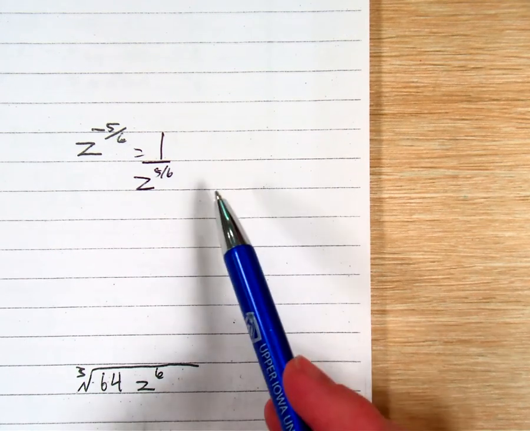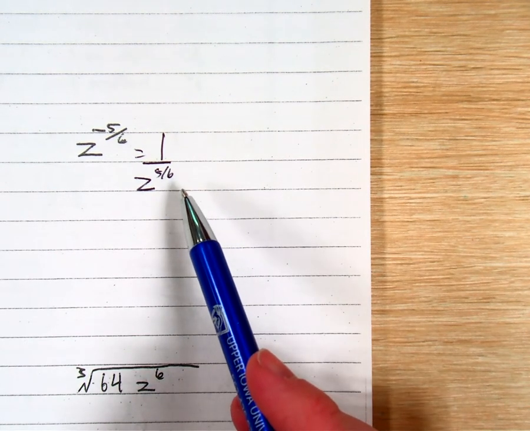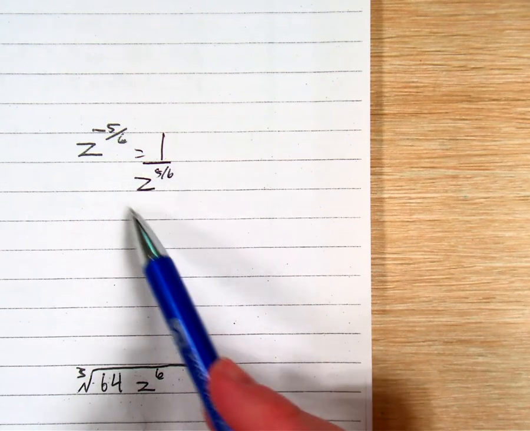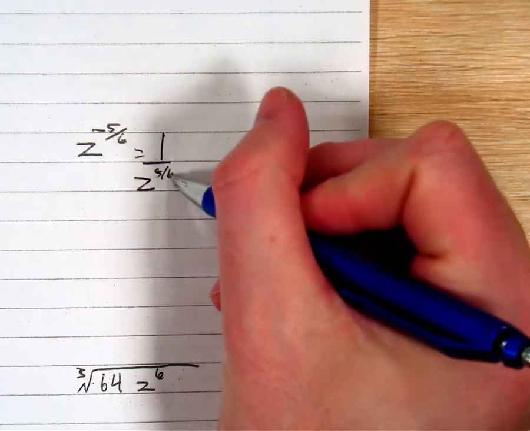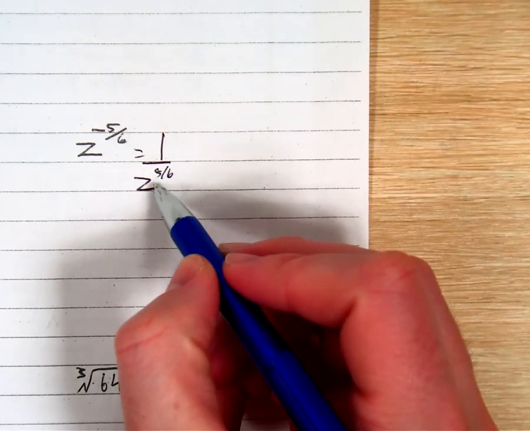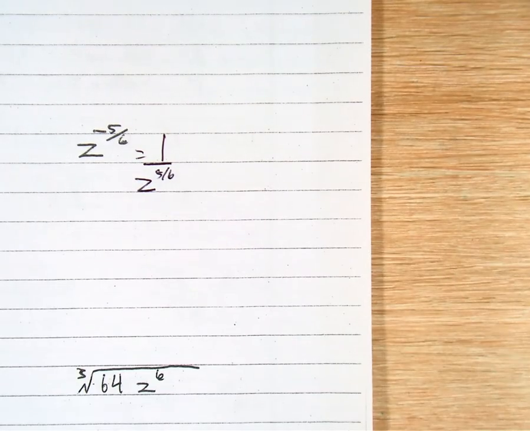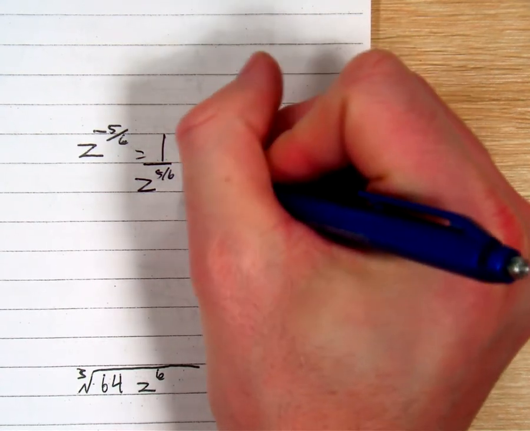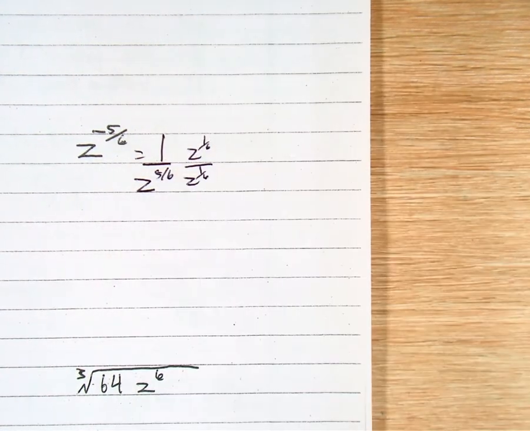So we still don't have a nice denominator. So kind of like what we were looking at last class, what do we need to make that whole? I need one more 6th. Right? If I have z to the 5/6, I need one more 6th. So we're going to go z to the 1/6 over z to the 1/6.